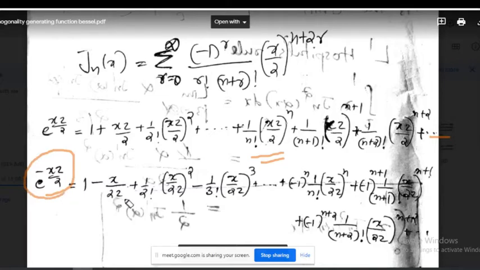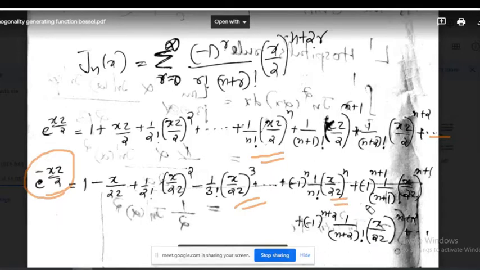In the same way we expand this exponential minus x by 2z. So 1 minus x by 2z, alternating, plus 1 by 2 factorial (x by 2z) square minus 1 by 3 factorial (x by 2z) whole cube, then the nth term is minus 1 to the power n, 1 by n factorial (x by 2z) to the power n.